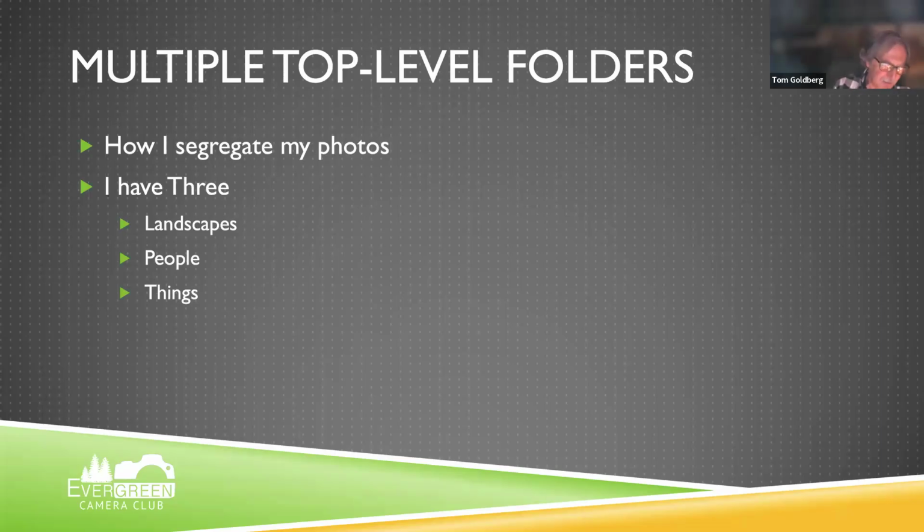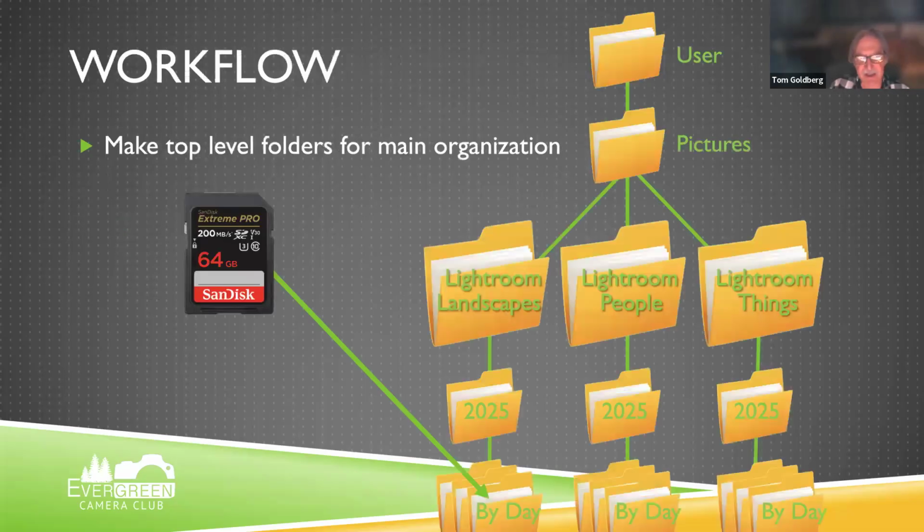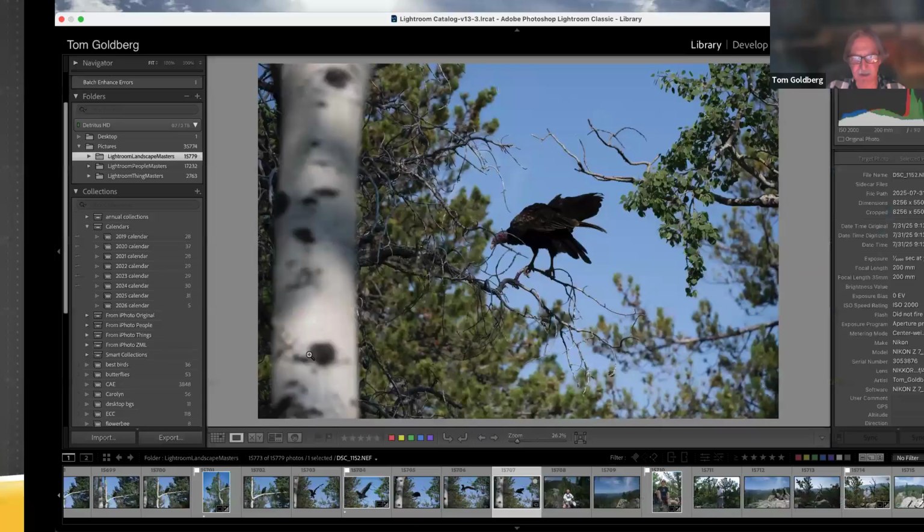And I may have people in my landscapes or landscapes in my people. That's not a big deal. But this organization lets me easily organize my stuff in a way that I can find it. And I don't know whether this will work for you. Maybe you need different top level folders that meet your needs, but this is an organization that I've used. And I'm going to go ahead and demonstrate that now.